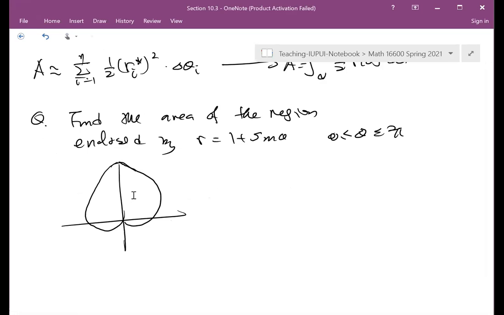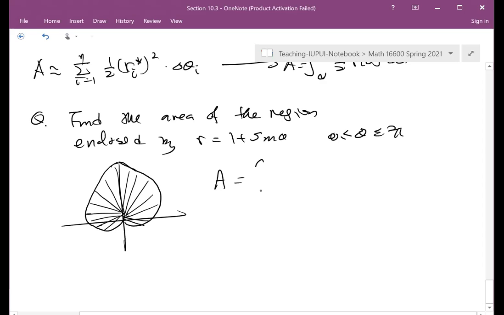The idea is that if you derive the formula, you divide the region into many slices, estimate each slice, and take a limit. So my formula here is the integral from 0 to 2 pi of half of r squared d theta.